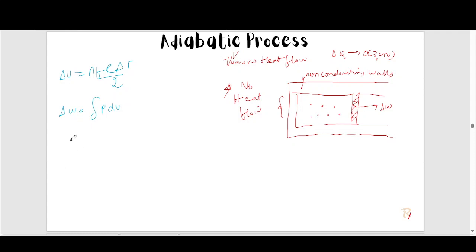Therefore, del Q equals del U plus del W. Del Q tends to 0 since there is no heat flow, so 0 equals nfRT upon 2 plus del W. Therefore, del W equals minus nfRT upon 2.